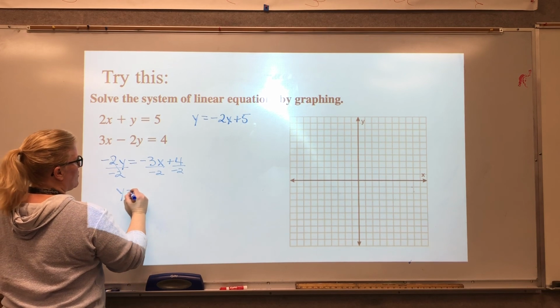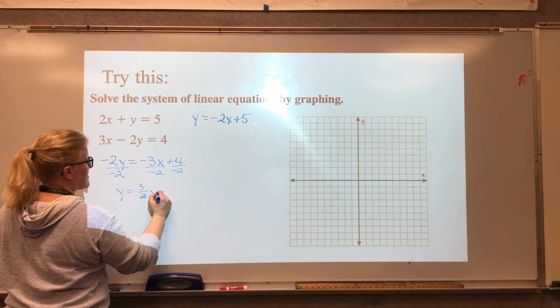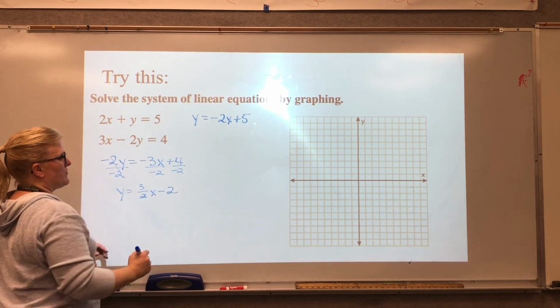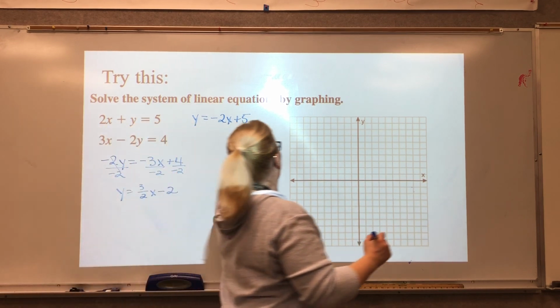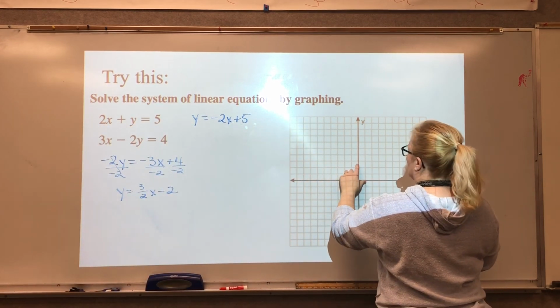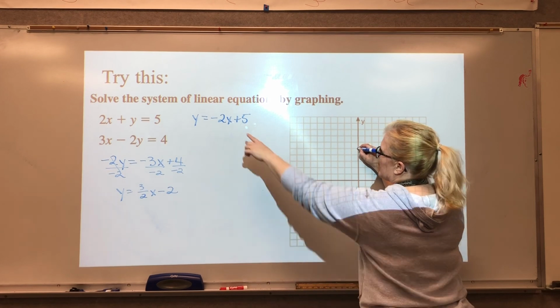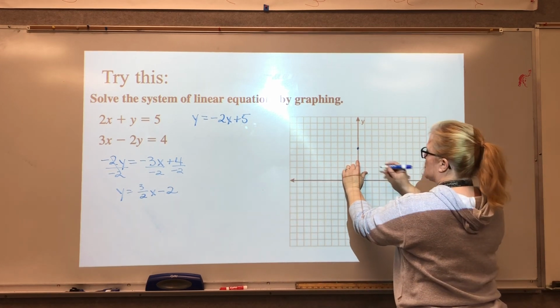So y equals 3 halves x minus 2. All right, so the y-intercept is 5, 1, 2, 3, 4, 5. My slope is negative 2, so down 2 over 1.